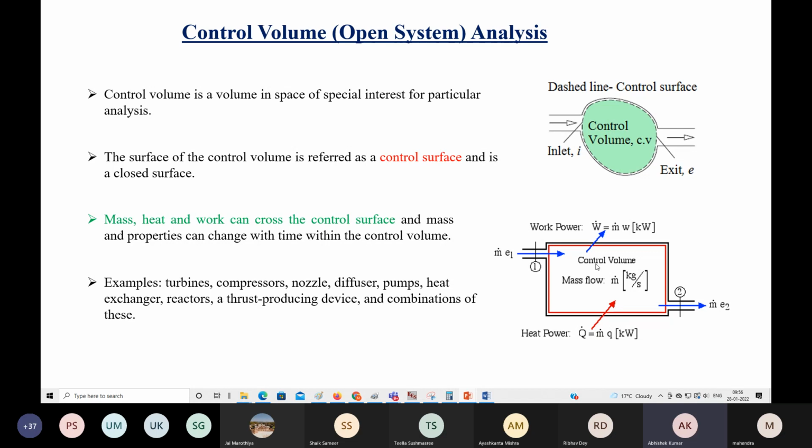In any system like a jet engine, whatever air is taken in by the compressor passes to the combustor. In the combustor, heat addition is there. Through that you get work output through the turbine.